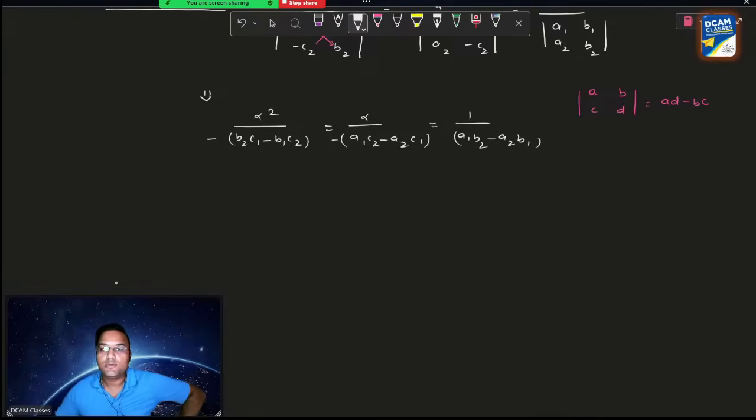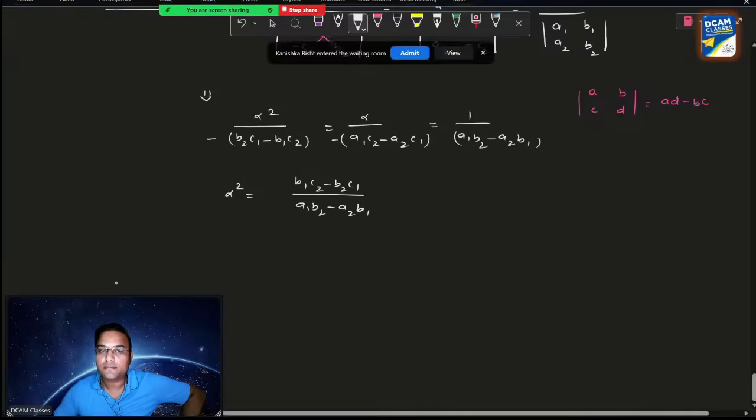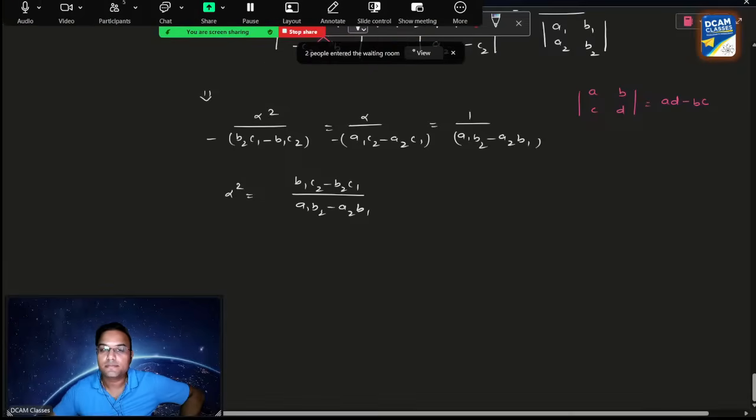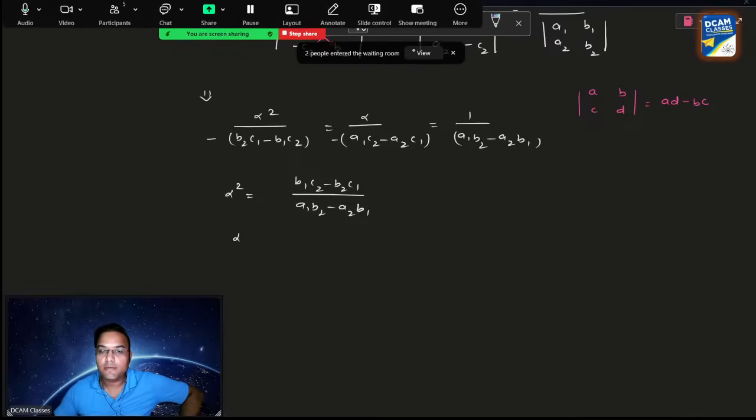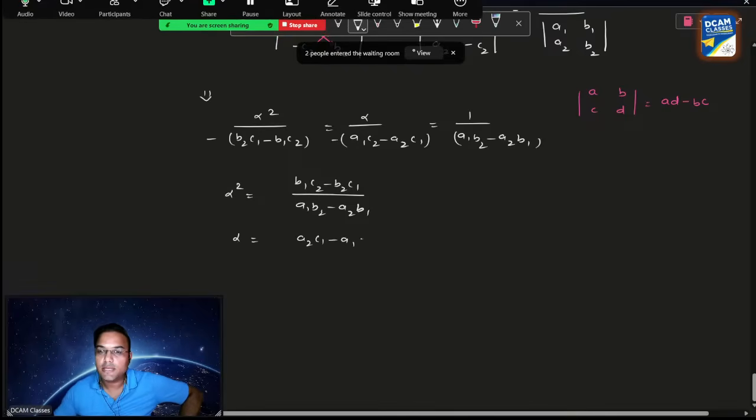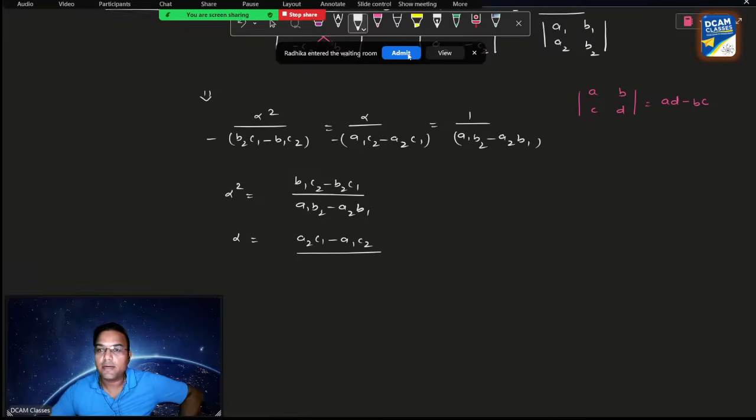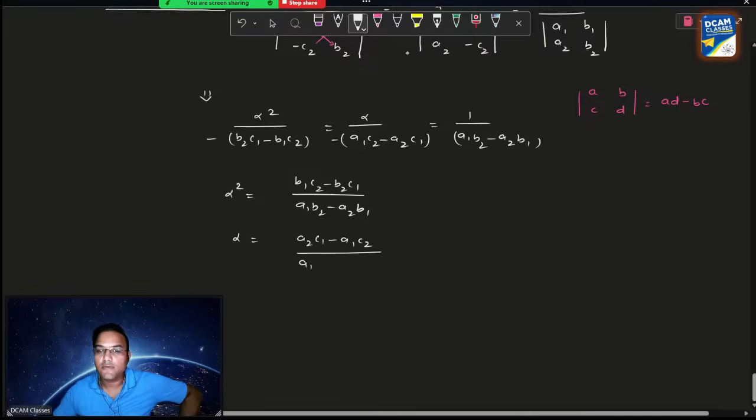Now you can use this, first one. Alpha square will be equal to b1 c2 minus b2 c1 divided by a1 b2 minus a2 b1. And alpha will be a2 c1 minus a1 c2 divided by a1 b2 minus a2 b1.